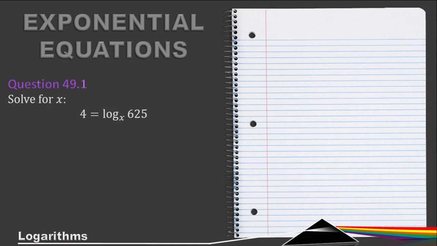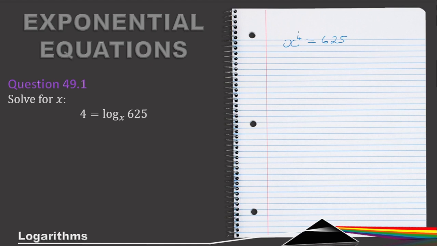Okay, so this is actually a more practical thing where we definitely want to convert to exponential form. My base is now x, and it's going to be x to the power of 4 equal to 625. This isn't an exponential equation because the unknown is not in the exponent.